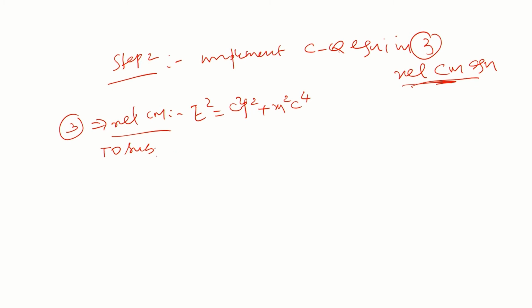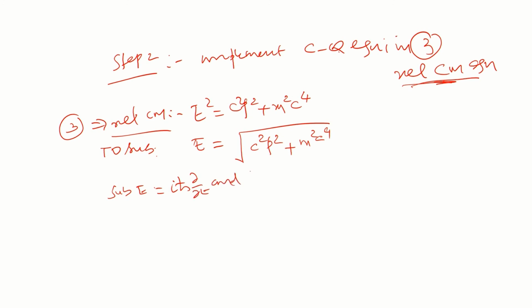What we are doing is, first step, E equal to root of, taking square root, C square P square plus M square C power 4. Substitute E equal to iħ ∂/∂t and P equal to minus iħ del.